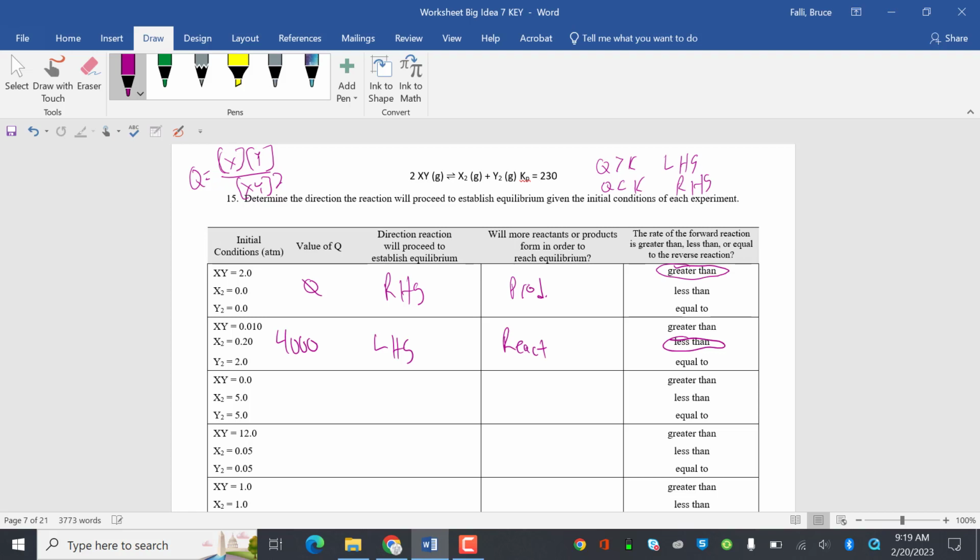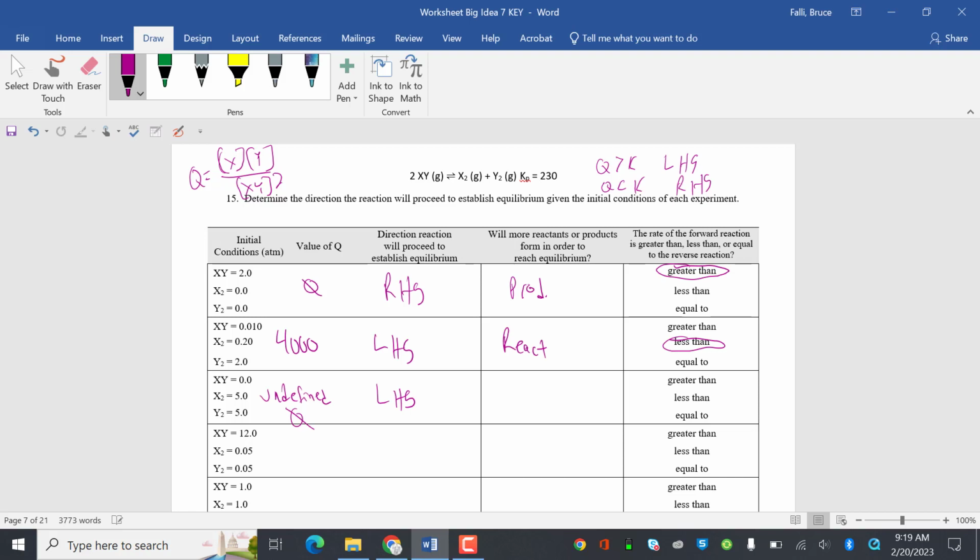So this one, I've got 0. Oh no! Value of Q is undefined. All right. I'm going to think of it as 0 though. Which way will it proceed? Well, it's going to start making reactants, so it's going to shift to the left-hand side, because it's less than 230.